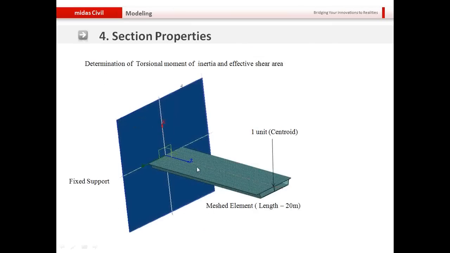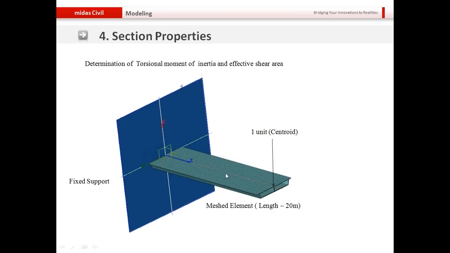So the properties like area, the moment of inertia, centroid, they can be calculated using standard formulas, but the calculation of properties such as torsional moment of inertia or the effective shear area, the shear areas, they don't have any standard formula for all types of sections. So for irregular type of sections, finite element analysis is done.